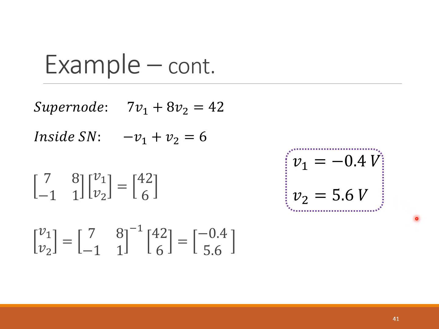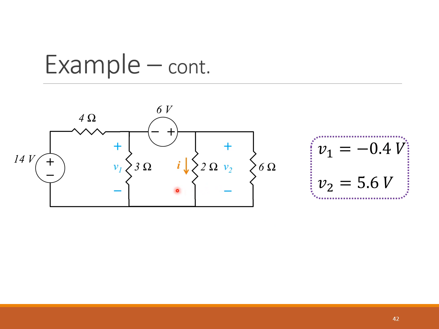But of course, we weren't asked to find either voltage V1 or V2. We were asked to find the current through our 2 ohm resistor. Now we can simply use Ohm's law because we know voltage V2 and we know it's a 2 ohm resistor, so that current is V2 over 2, 5.6 volts over 2 ohms, which is 2.8 amps.